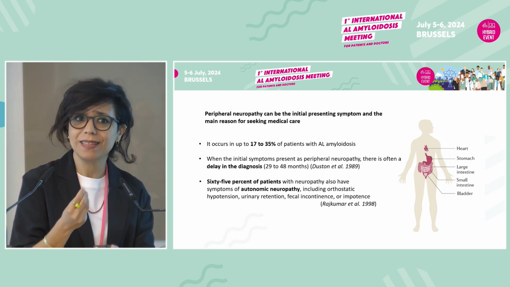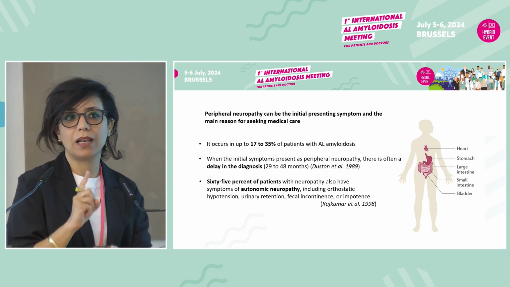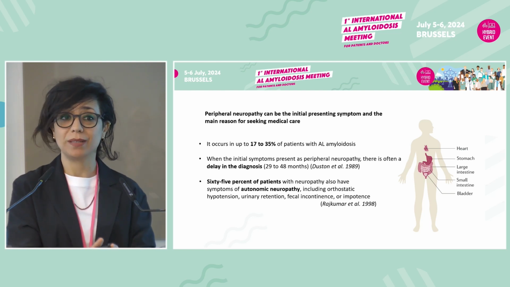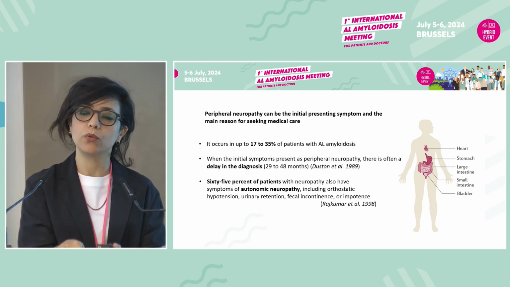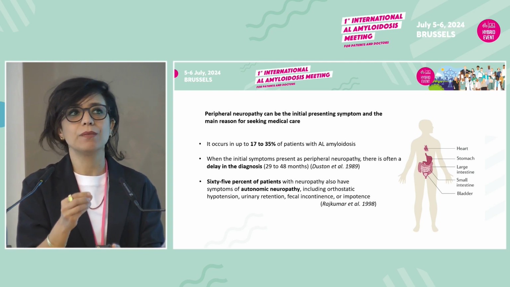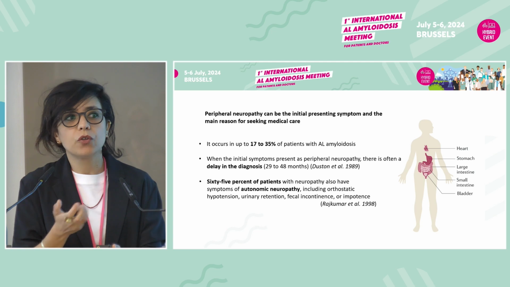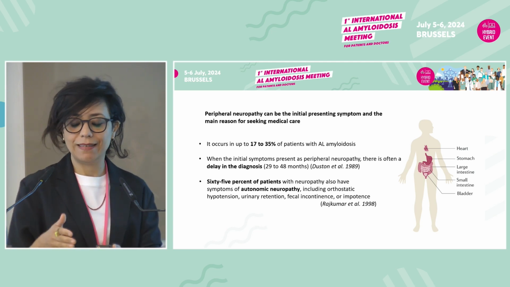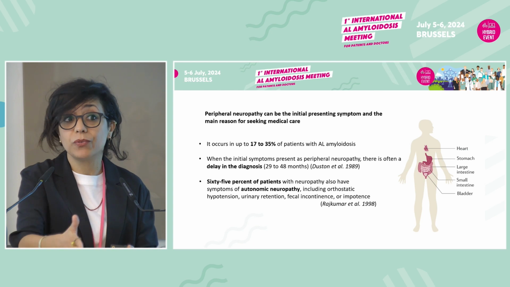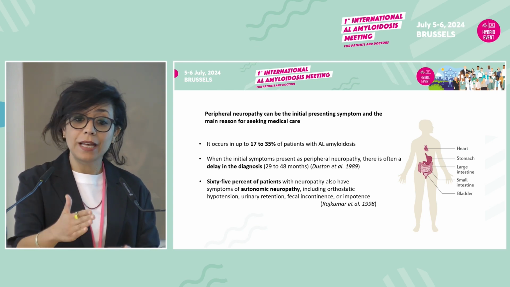You have to ask about this, because otherwise you will miss a lot of patients. 65% of patients with neuropathy came to the neurologist for the first time because of peripheral neuropathy, so symptoms like numbness, tingling and burning feet are the first reason for the patient to seek medical care.